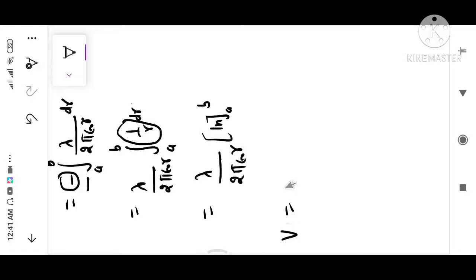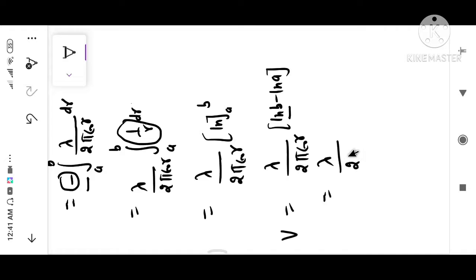Potential is equal to lambda by 2 pi epsilon naught, and ln b minus ln a, upper limit minus lower limit basically. So this is the potential. You can write here log a minus log b, basically log a upon b, so lambda by 2 pi epsilon naught and ln b by a.